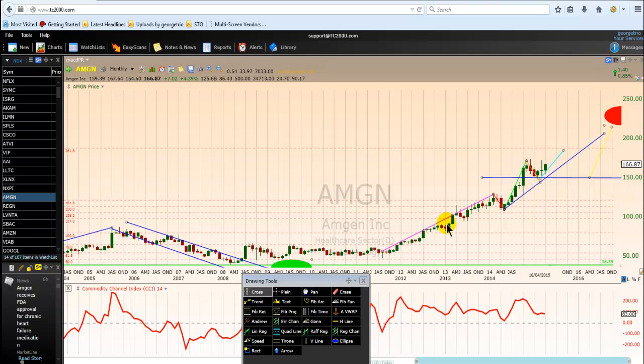Because you can see here, the first wave is quite extended. This is from 2012 to 2014, 2 years, boom, boom, boom, up. It's quite long. You see, you have to consider the time and the magnitude of how far the price went up.